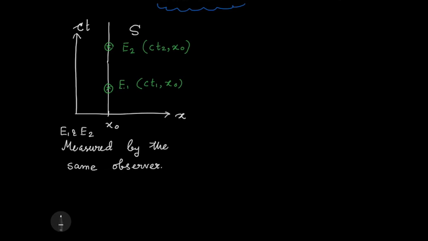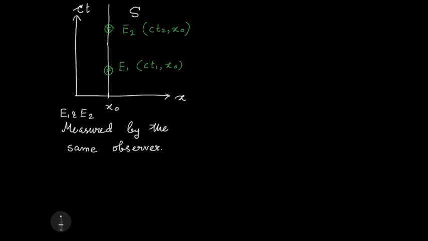Okay. Let me ask you, what type of interval is it? Remember last time we were talking about this S. So let's say S12 squared. Let's calculate the interval here. The interval is (ct2 minus ct1) squared minus x0 squared, which is 0.